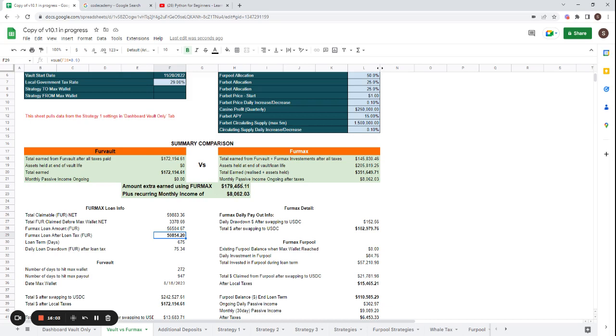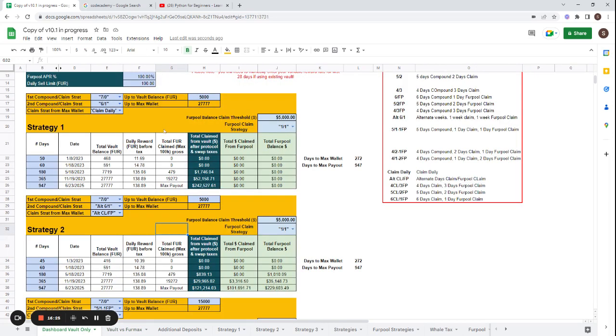And this includes, by the way, any money you've claimed from the vault up until you hit max wallet. It also includes the money that you've put into Furpool up until you hit max wallet. You can see here your existing Furpool balance. It's 0 at the moment because it uses the first strategy.